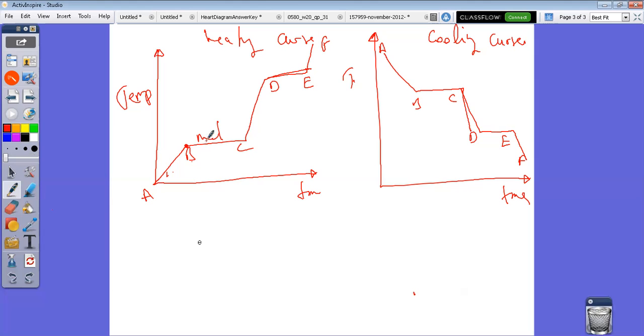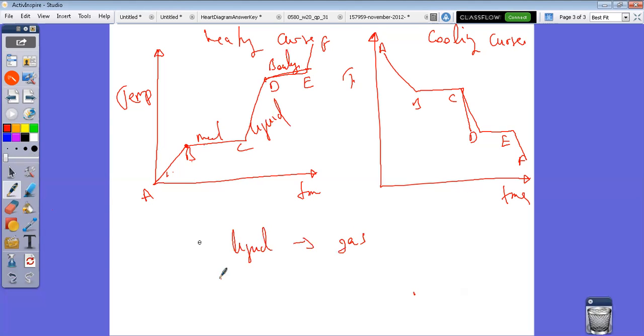So at this point here, it's now totally a liquid. Then as you heat the liquid, the temperature continues rising. Then at this point here, the same thing that we explained is now the boiling point. So why is the temperature constant? Remember, we want to change from a liquid to what? To a gas.